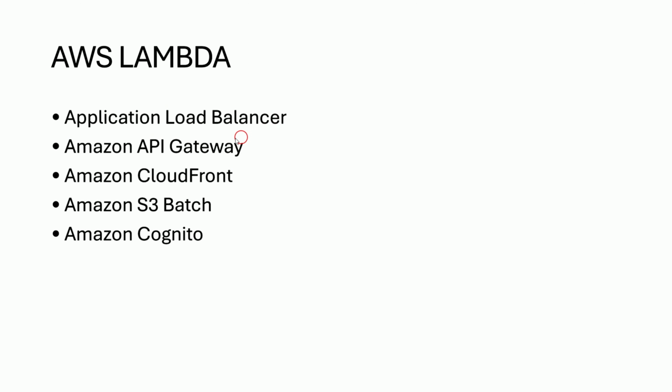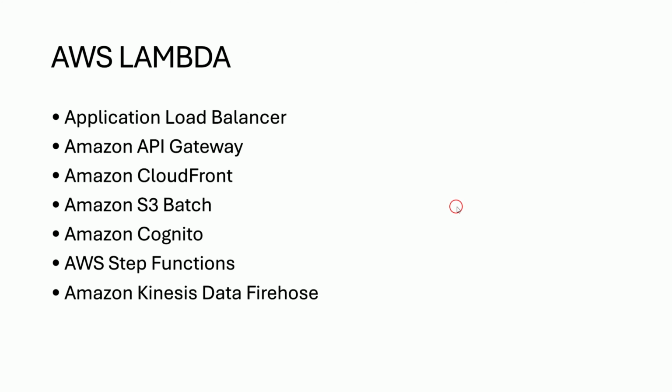Application Load Balancer will be invoked by a client. API Gateway is also invoked by a client. CloudFront also invoked by a client. Batch also. And some services like Cognito, Step Functions, and Amazon Kinesis Data Firehose come under service invoked synchronous Lambda functions, right? We can use these services to also invoke Lambda functions in a synchronous way.